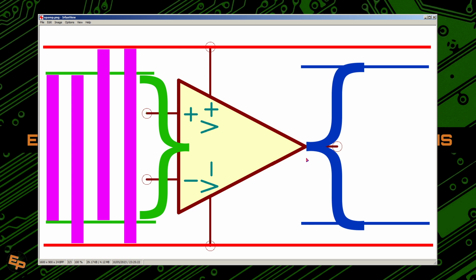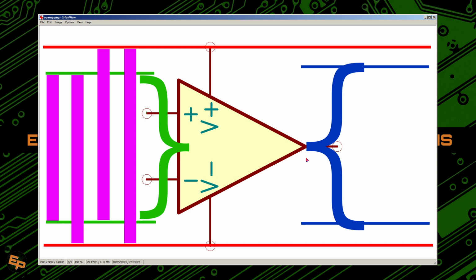Now, it's important to know this because sometimes we will be violating both inputs and outputs and cause problems to the op-amp. Some other times we will be finding ourselves violating only one of these conditions.